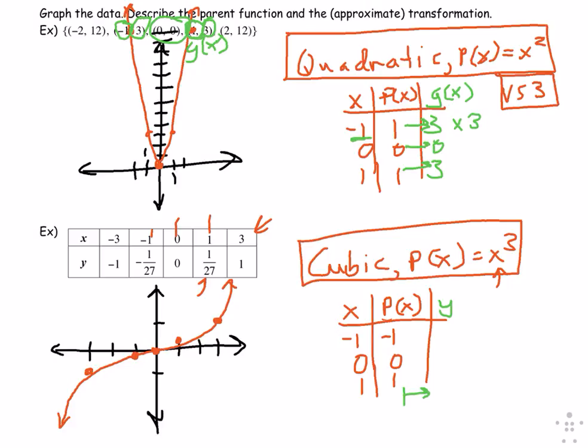Just for comparison's sake, it's easier. So instead we got negative 1/27, 0, and 1/27. So how do we get from here to here, here to here, and here to here? Again, if it was addition or subtraction, 0 would have changed, but that's a clue that it was multiplication. And it got smaller from negative 1 to negative 1/27. So we're looking at a vertical compression by 1/27.